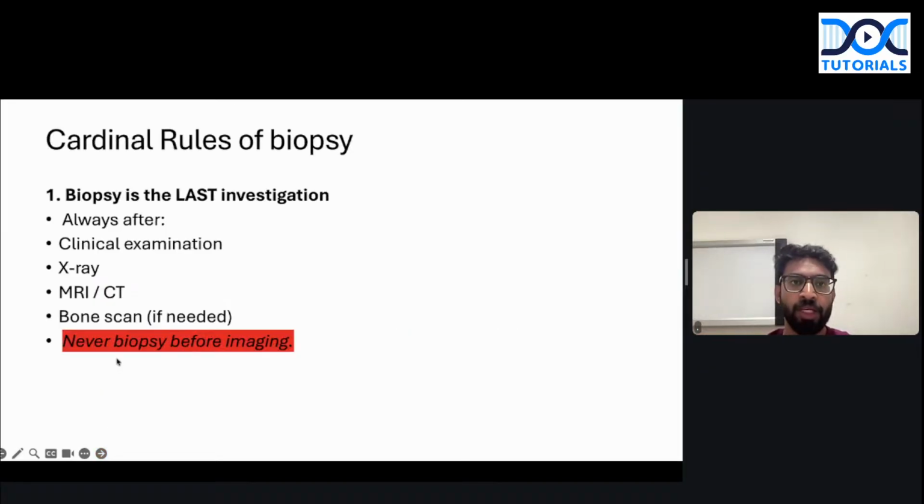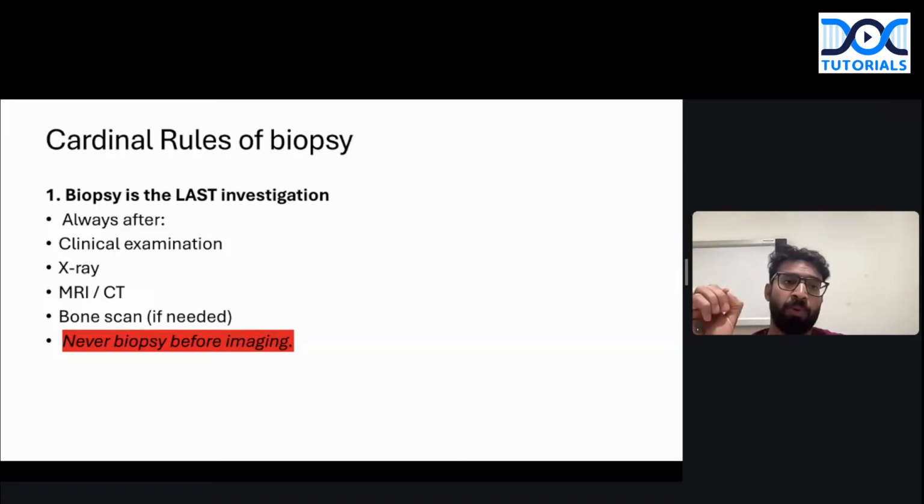So before I start into the treatment part, let us discuss some cardinal features of biopsy. I'll not go into details, but I'll just run through the slides in order for you to understand. Because the 12 cardinal rules of biopsy is an important long answer as well.